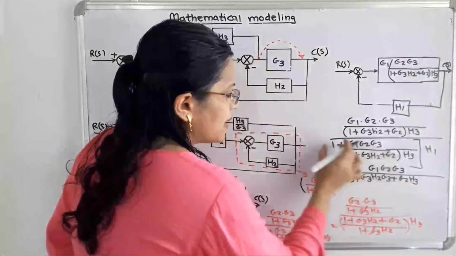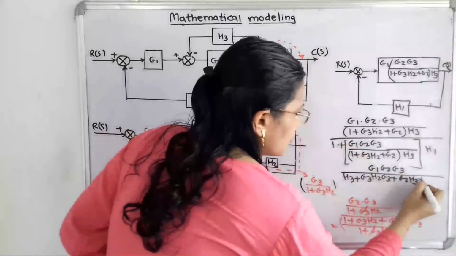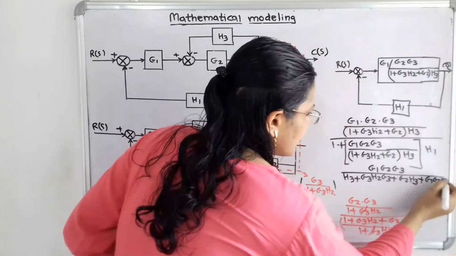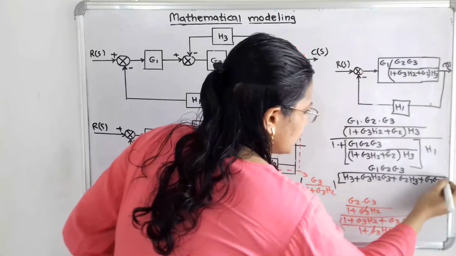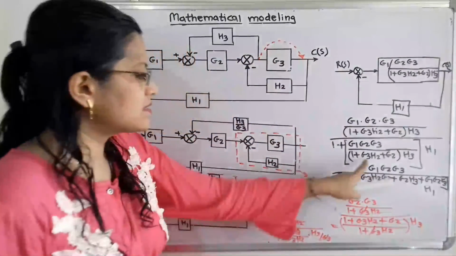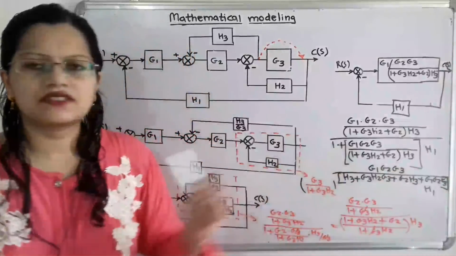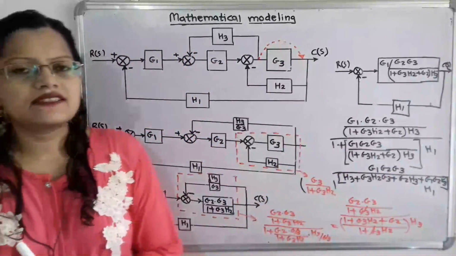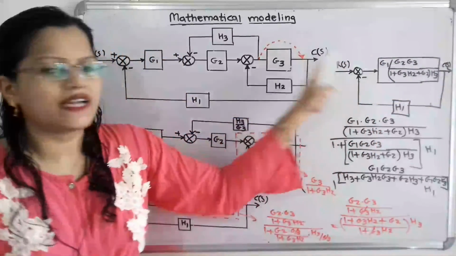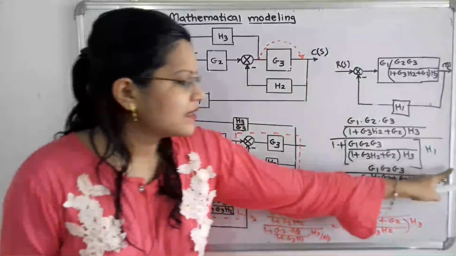So this is multiplied by 1. Now plus we have to take G1 G2 G3 bracket complete. For this whole bracket we have to multiply with H1. So this is the final block and this is the final answer. So we can say the ratio of transfer function, that is output C of S divided by R of S, is nothing but this block.